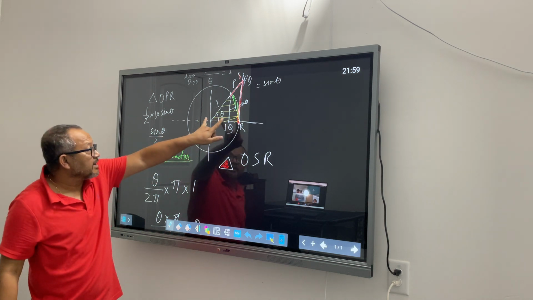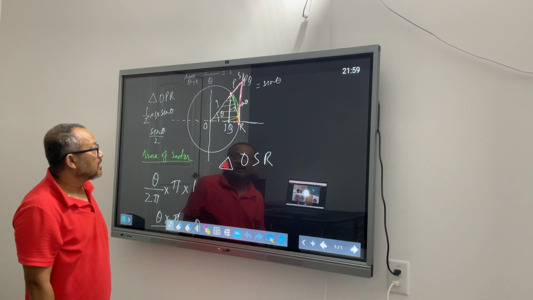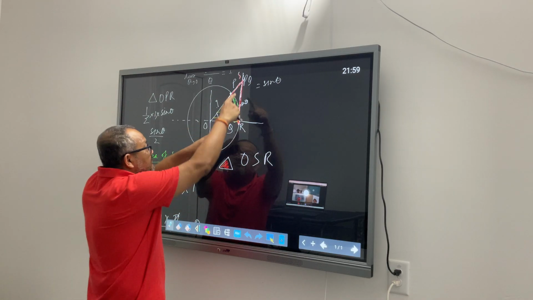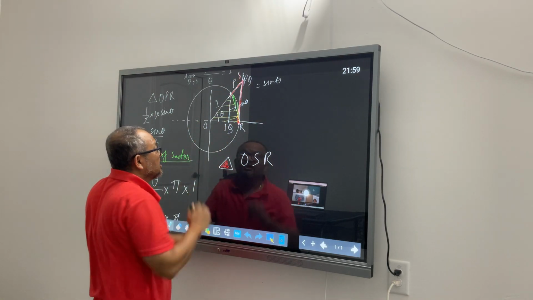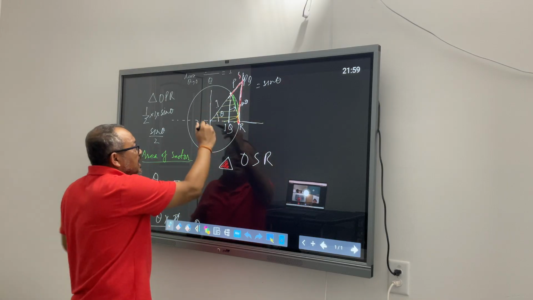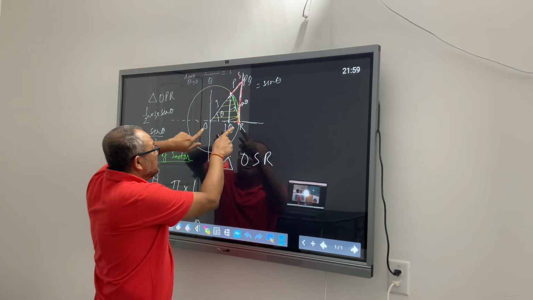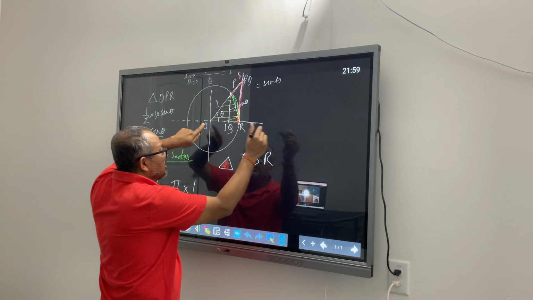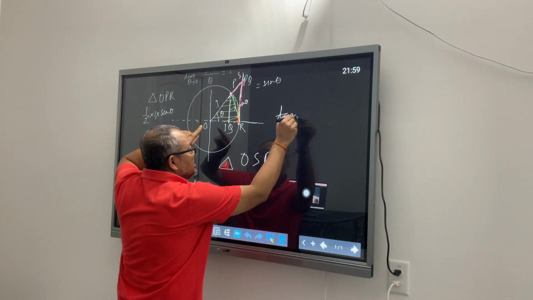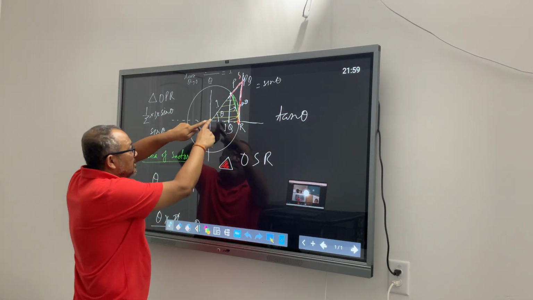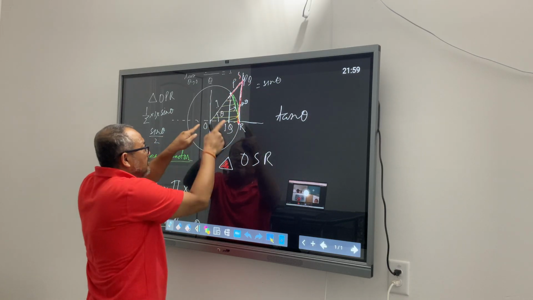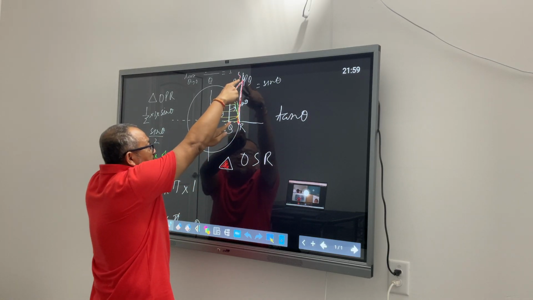If I have to find the area of this triangle, we certainly know the base and we want to find the height. How much is this height? Let's find this height first. Again, we'll use SOHCAHTOA. If we find the tangent of any angle, it is opposite by adjacent. We know the base and we are trying to find this height.